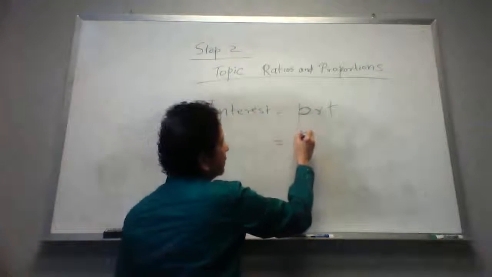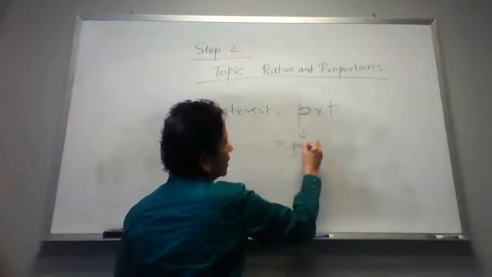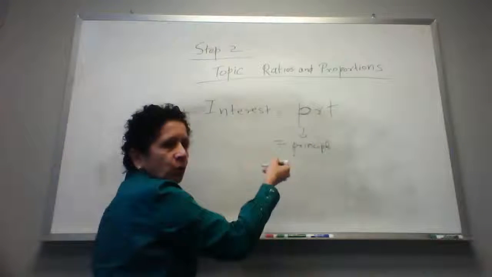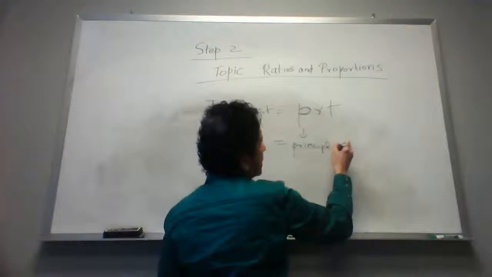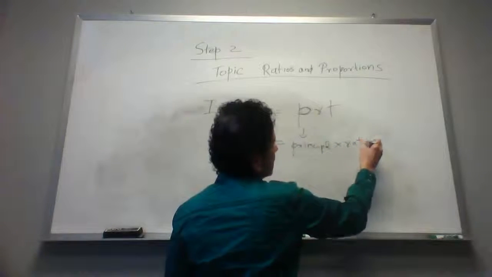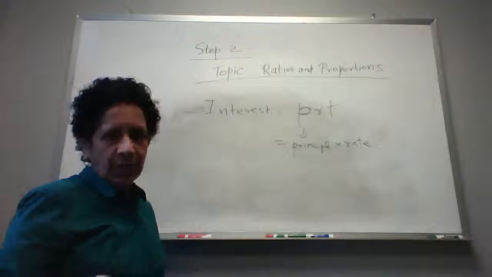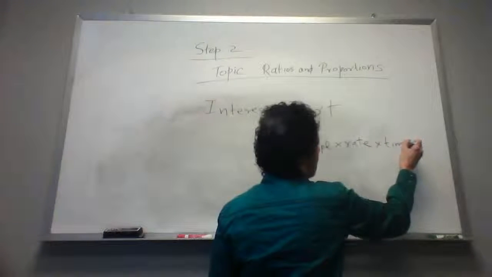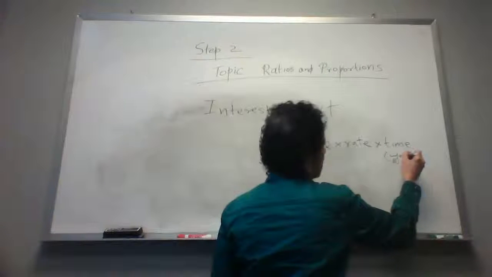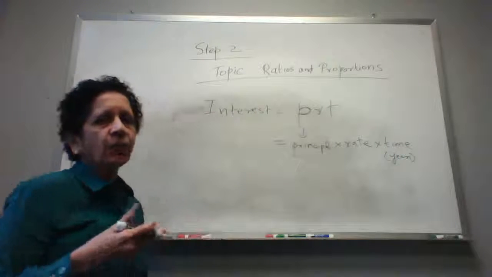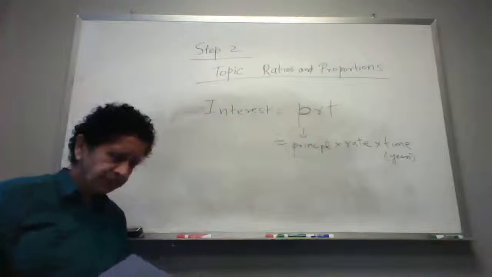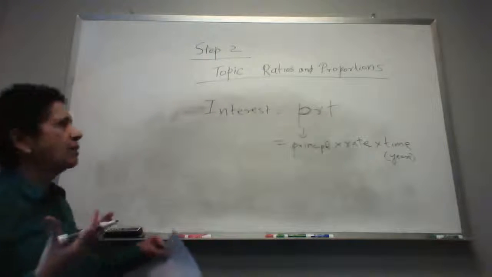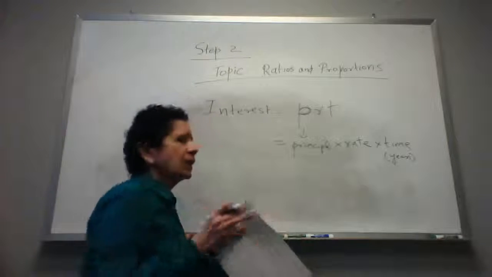PERT means that the P stands for the principal, however much amount you are going to be investing, and then times R is the rate, that is the 5% or 6% the annual rate, and then T stands for the time. And remember, it's always going to be in years. So it's because they give you annual rate, okay? So when you have this formula like this, it's very easy.